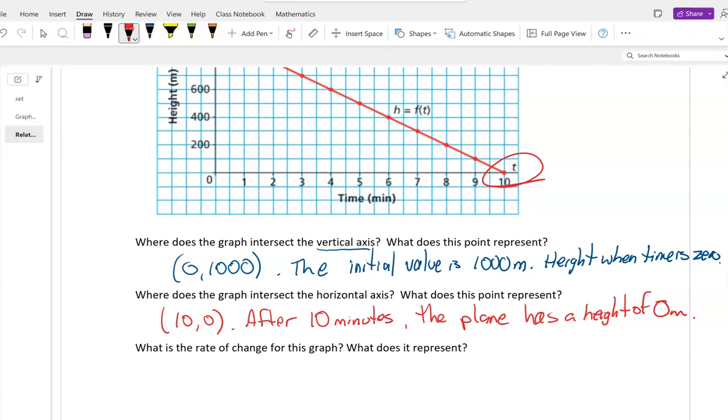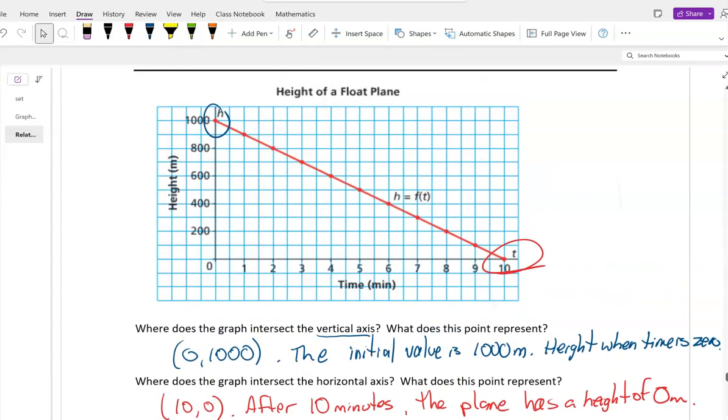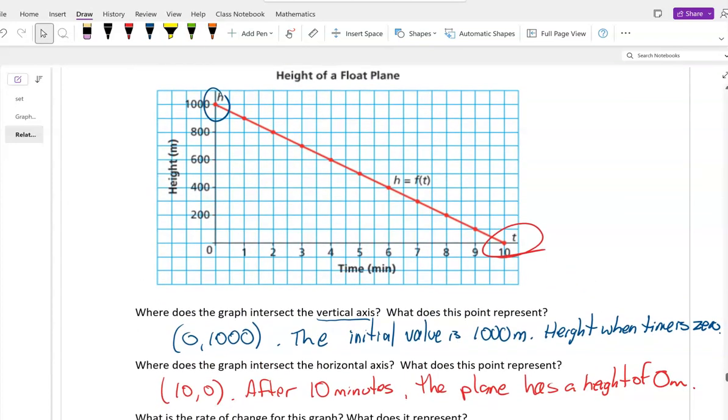Okay, what is the rate of change for this graph? Remember, rate of change is the change in y over the change in x. Okay, so how much has the y changed? How much have we gone down and how much have we gone for x? That's what we're looking for here. Well, let's take this point, 0, 1,000, and let's take this point, 10, 0.